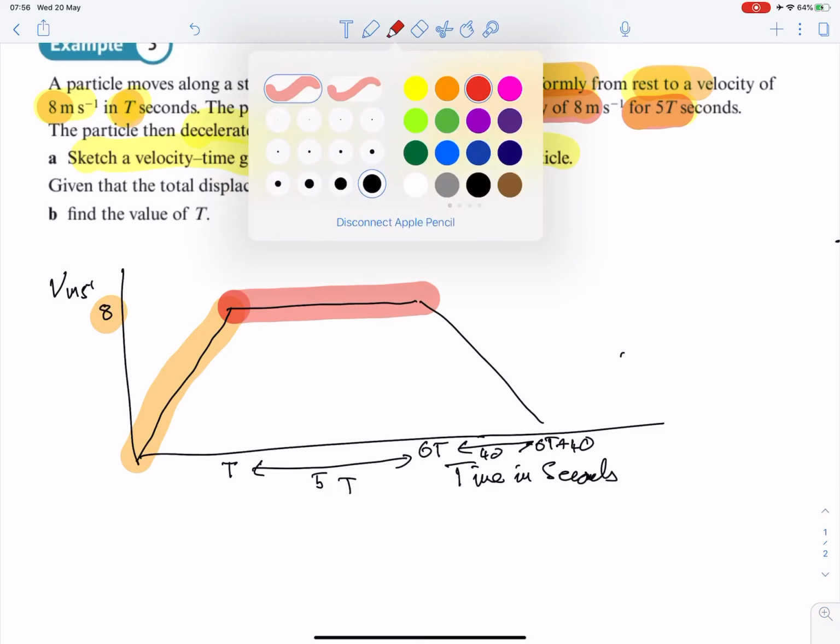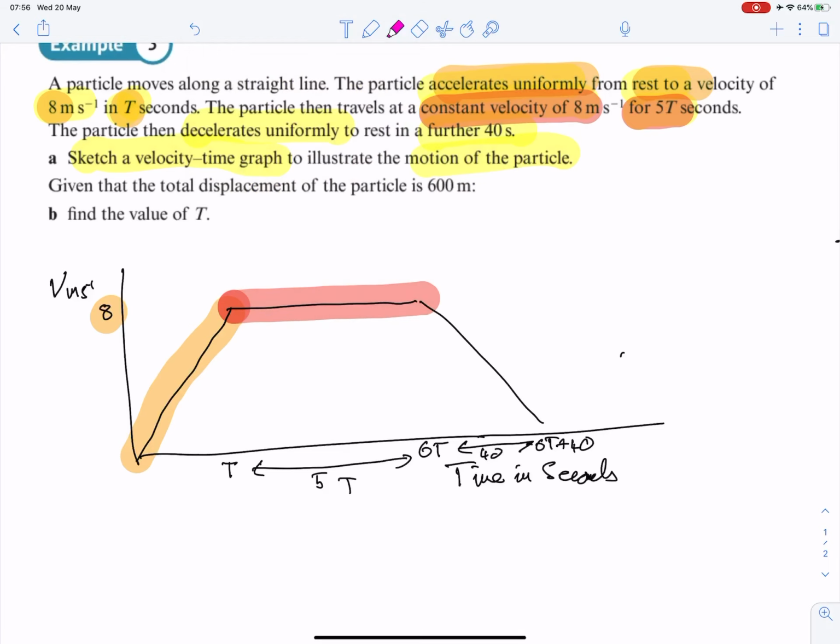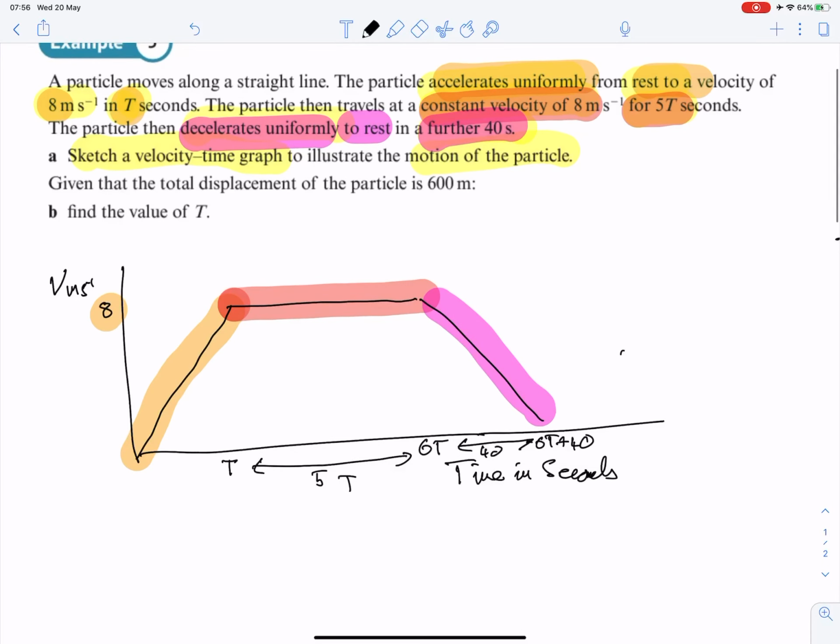So this bit, particle decelerates uniformly to rest in a further 40 seconds, gave us that section of the graph. And that's our velocity time graph sketched. In an exam, I would highly recommend doing all that with a ruler.